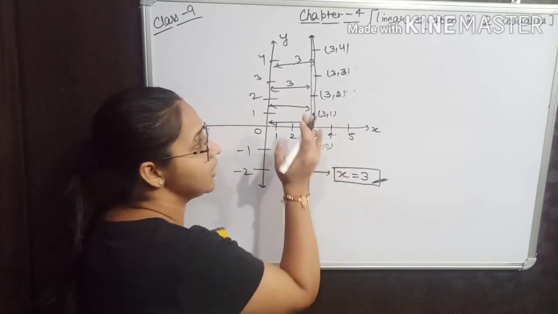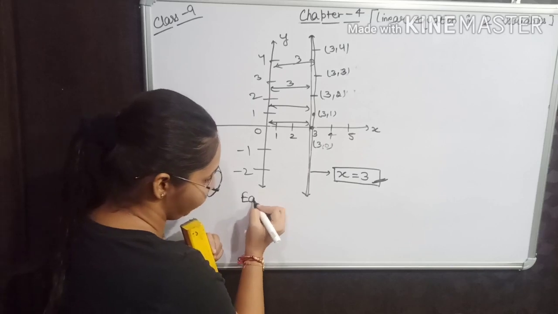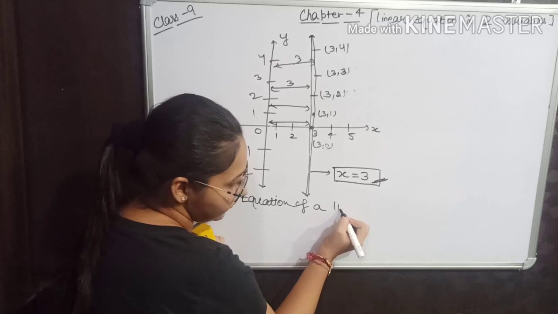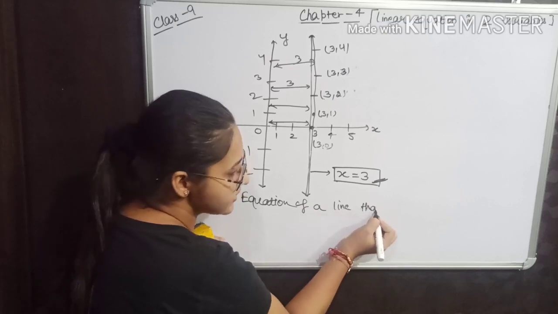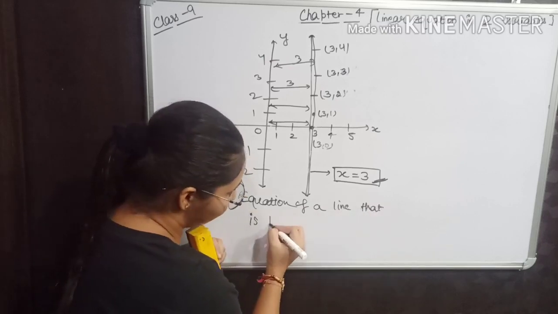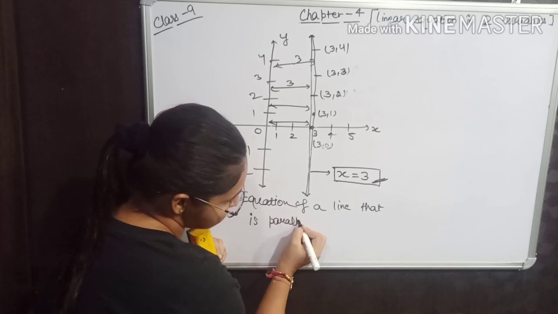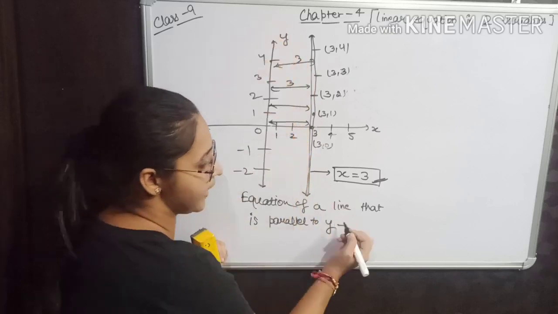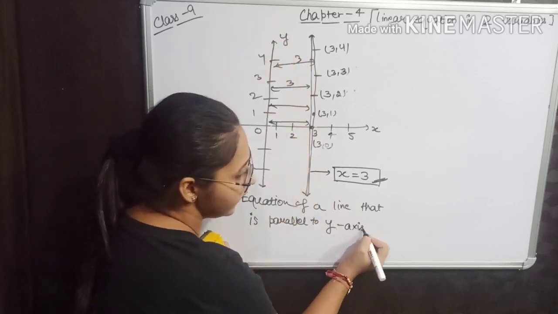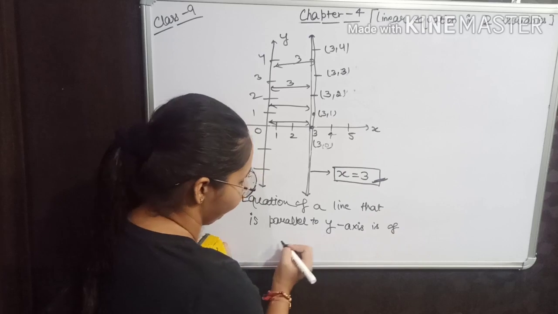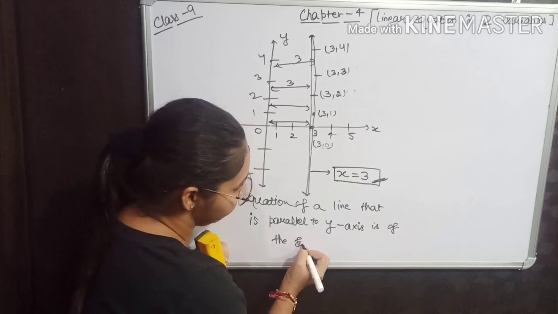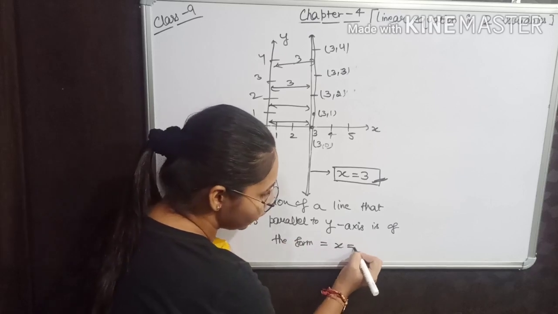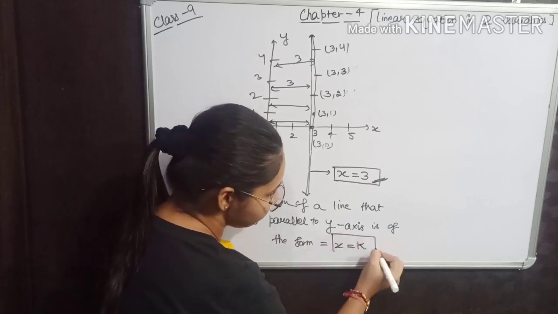So you can say that the equation of a line that is parallel to the y-axis is of the form x = k, where k is a fixed number.